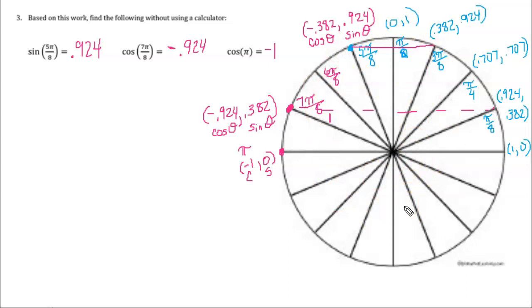This is the power of the unit circle. When we know the points on the circle, we know the sine and the cosine. If we want to find the arc length on the unit circle, then all we have to do is find the radian measure. This arc length will be pi over 8 because its radian measure is pi over 8.